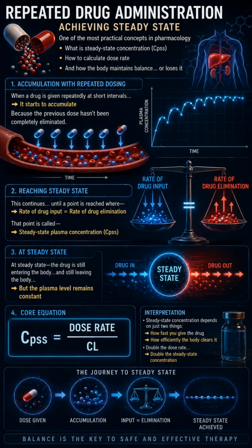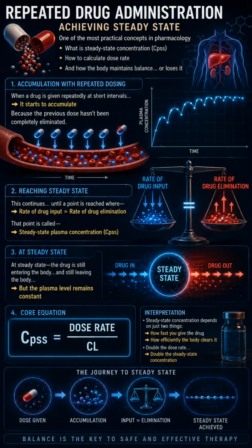When a drug is given repeatedly at short intervals, it starts to accumulate because the previous dose hasn't been completely eliminated. This continues until a point is reached where the rate of drug administration, which is input, equals the rate of drug elimination. This point is called steady state plasma concentration, which is Cpss.